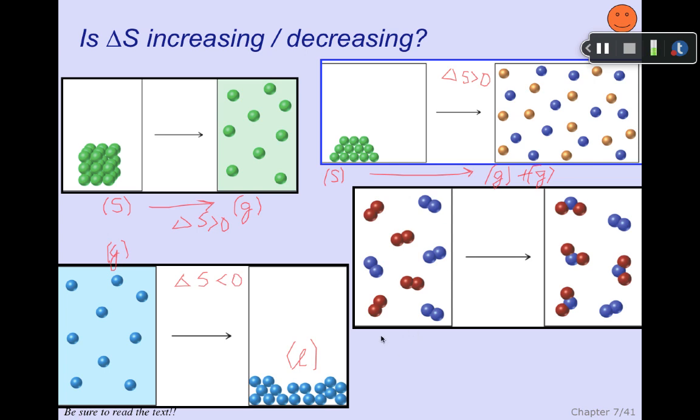Last example, we have 2 double red atoms in a molecule and double blue atoms in a molecule, so we could call that A2 and B2 perhaps, because there's a number of possibilities that would pertain to that here. And so A2 and B2 react in some fashion to form a new molecule.